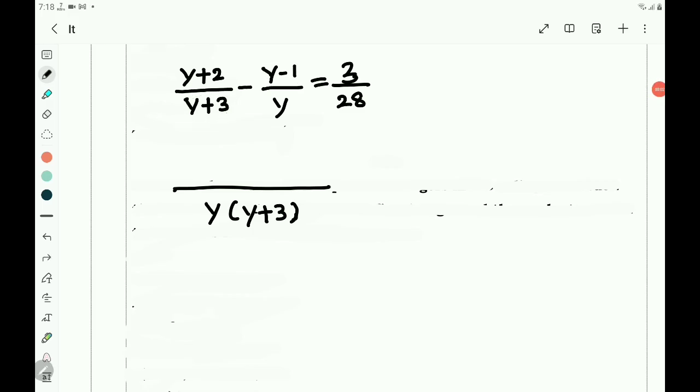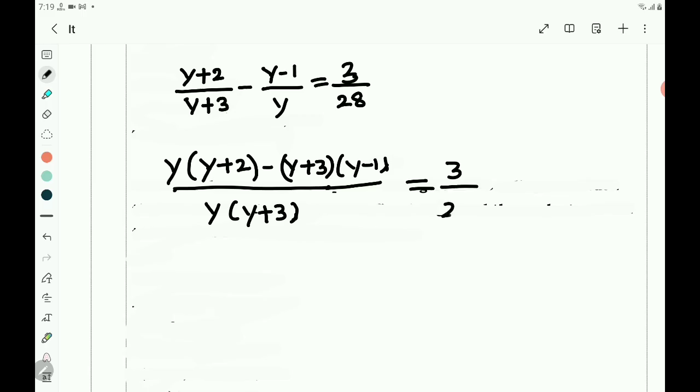Then let us write y into y plus 2 minus y minus 1 into y plus 3, or y plus 3 into y minus 1, equals 3 by 28.